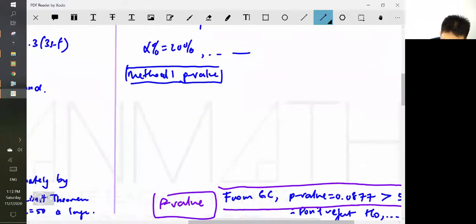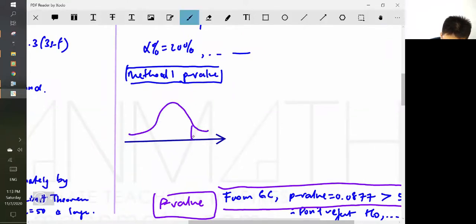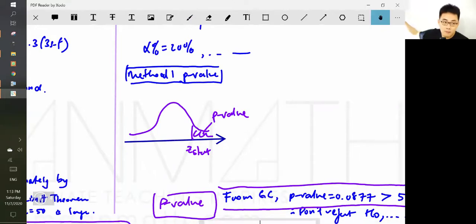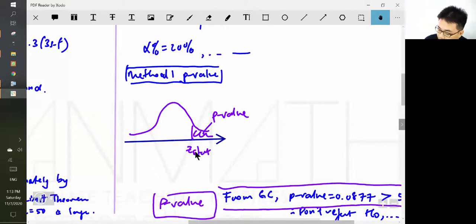So when you're using the same curve here, this is your z-stat, right? This is your p-value, for one tail. Everything stays the same.